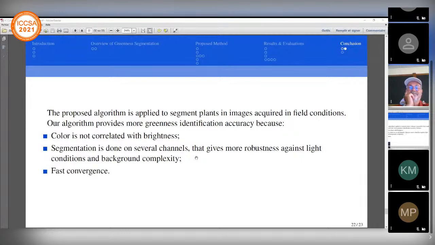The color is not correlated with brightness because we have used some color space transformation. The segmentation is done on several channels, which gives more robustness against light condition and channel.